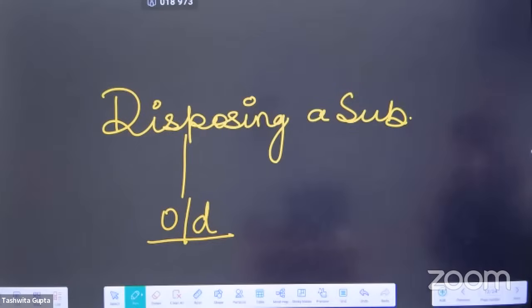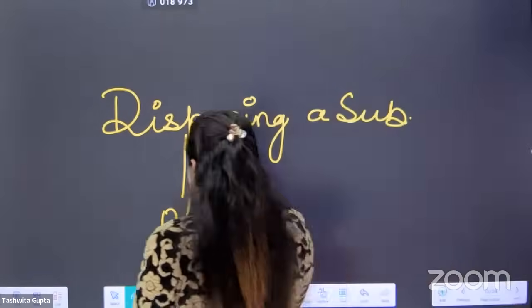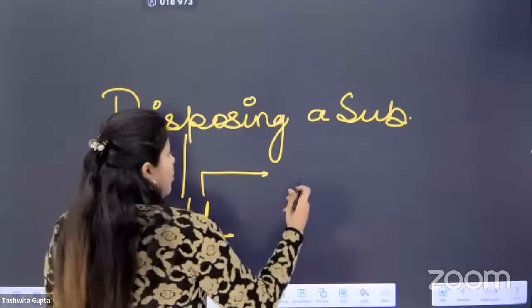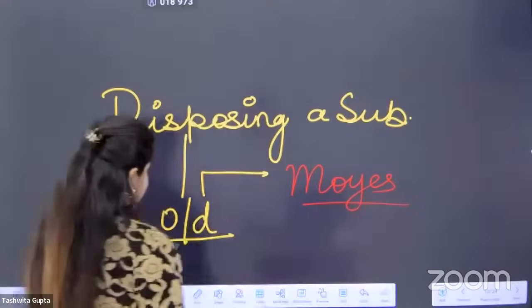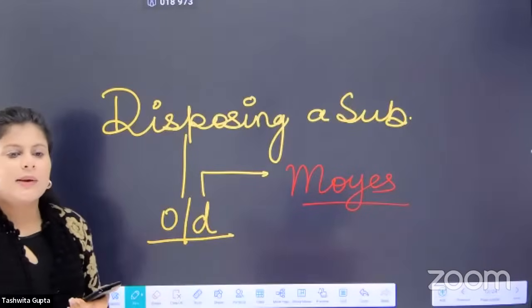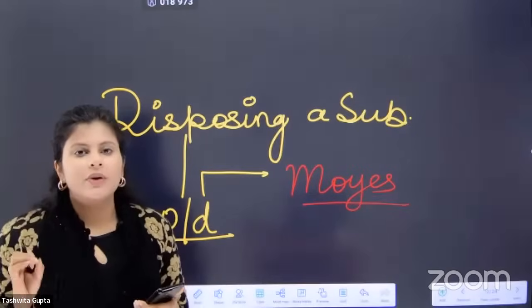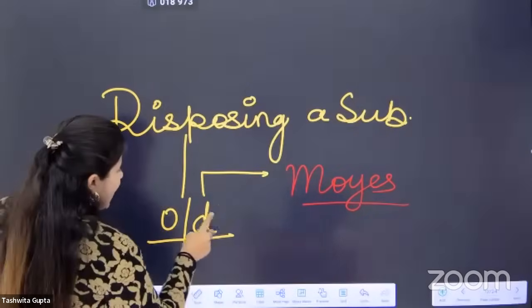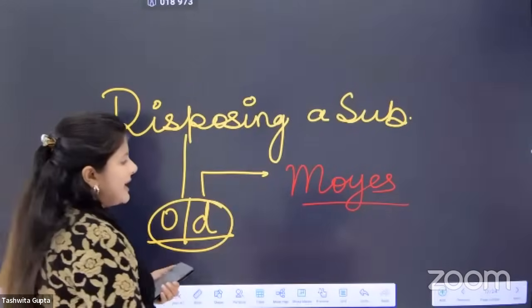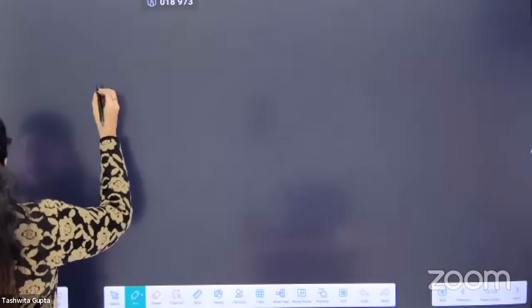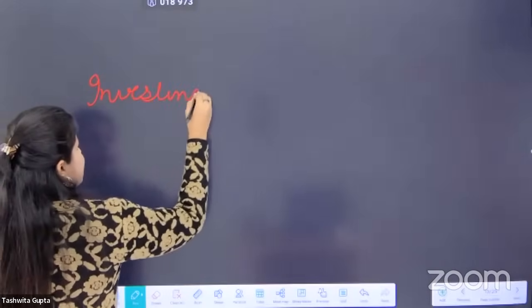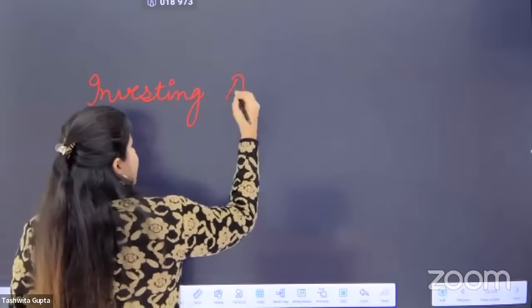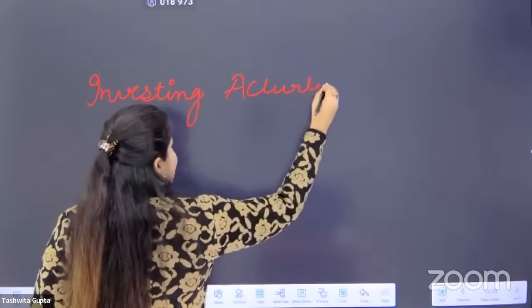So if you check Moise Company question in your Kaplan kit, you'll find the answer to what I'm saying. There was a subsidiary being disposed in that particular question, and that subsidiary had an overdraft. So when we dispose a subsidiary, in our investing activity of cash flow, what do we get?